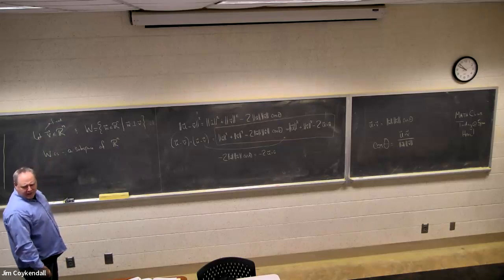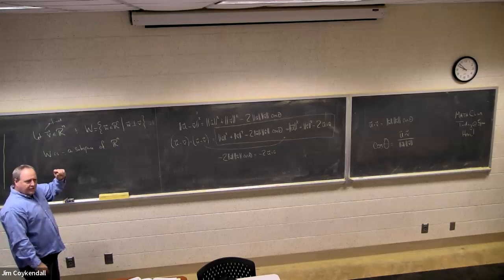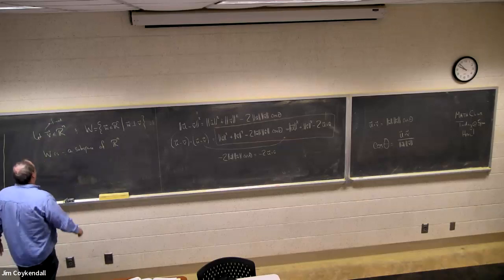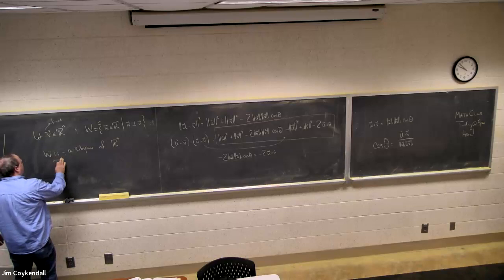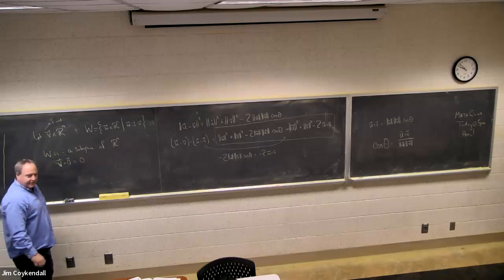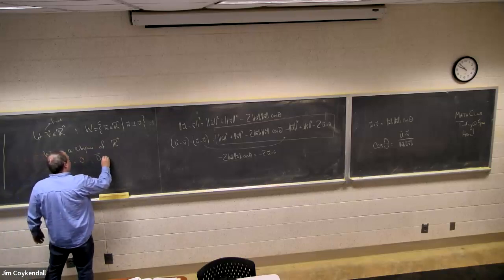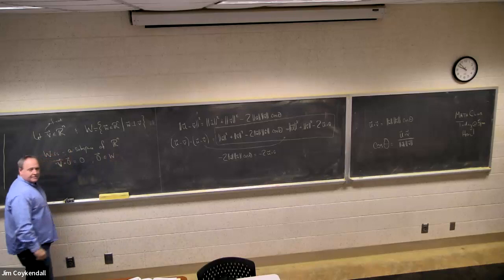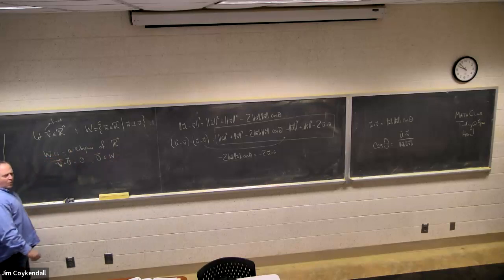What do you need for a subspace? Remind me? You need the zero vector. Well, notice that b dotted with the zero vector is 0. So yes, the zero vector is in W. What else do you need?